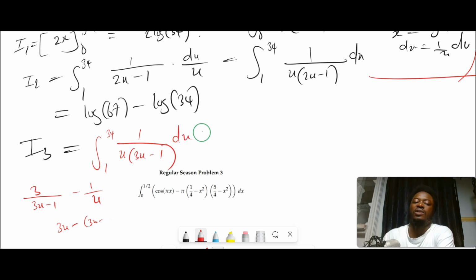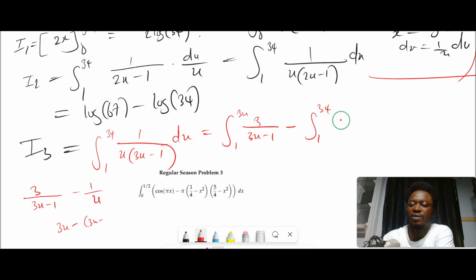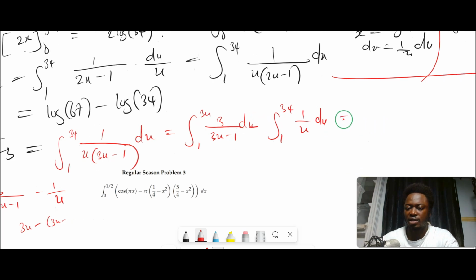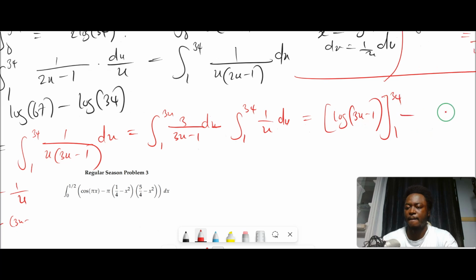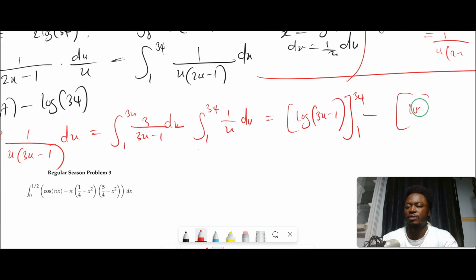So you have the integral from 1 to 34 of 3 over (3u minus 1) du, minus the integral from 1 to 34 of 1 over u du. If you handle this correctly, you should have logarithm of 3u minus 1 from 1 to 34, minus logarithm of u from 1 to 34.